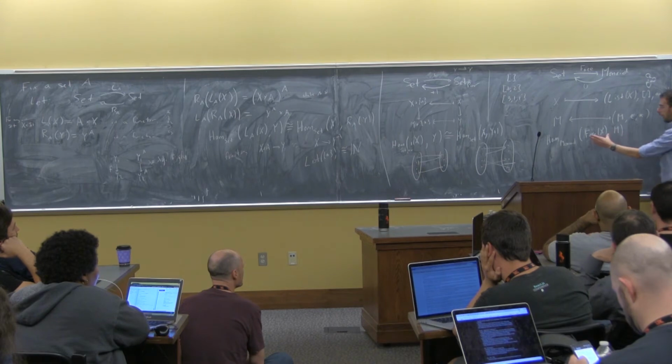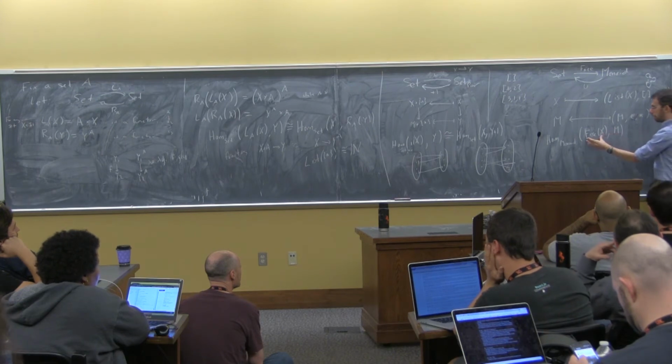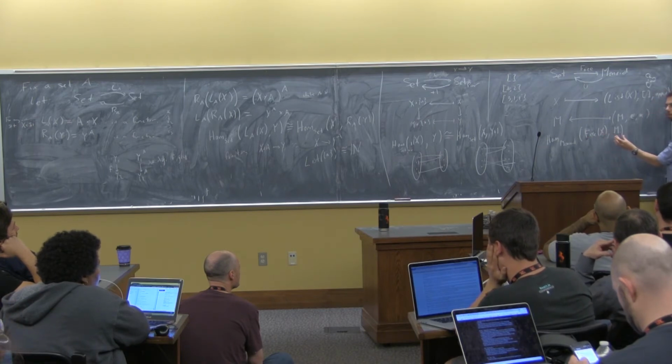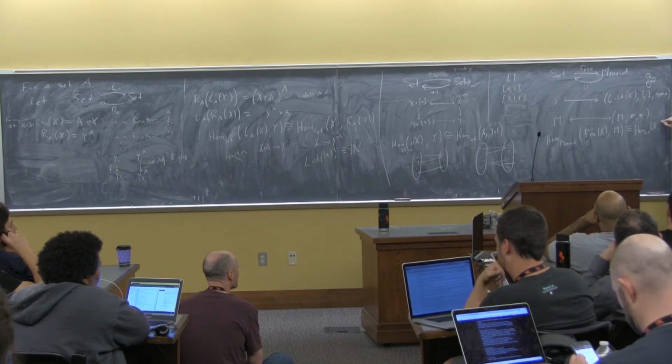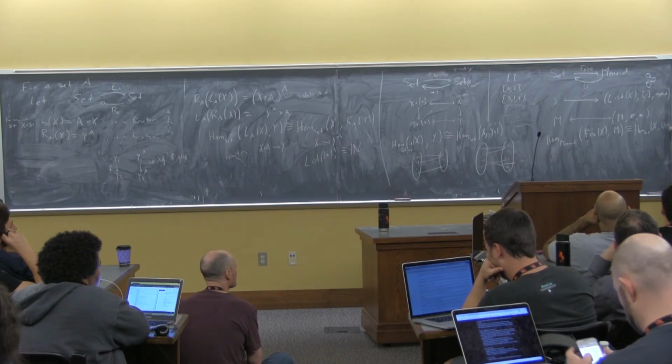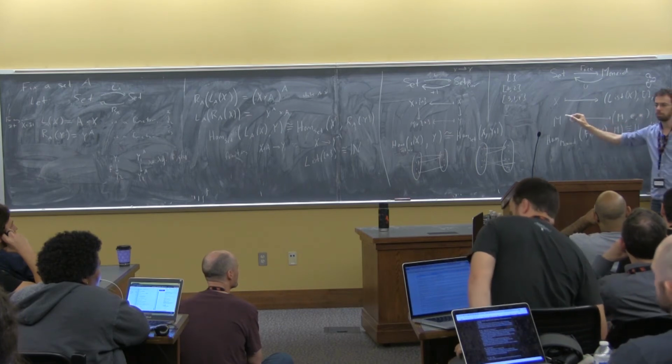What this means is I have a monoid map from free X to M, meaning for every list of X's, I get an M. The empty list is sent to the unit of M, and concatenation of lists is sent to multiplication in M. The set of all ways of doing that is exactly the same as the set of all ways in Set from just looking at X to the underlying set of M. If I have M star here, it's just M.